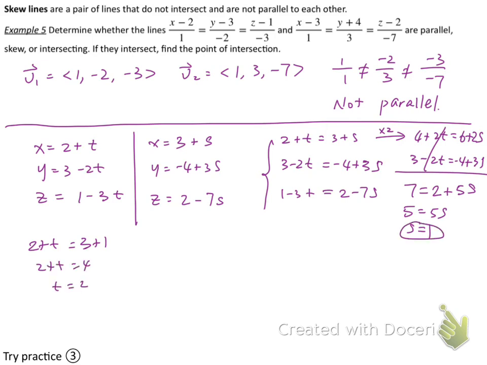So when s equals 1, t equals 2, the first two equations will hold, because we solved them from the first two equations. Now you plug it into the third one, 1 minus 3t equals 2 minus 7s. When we solved for s equals 1, t equals 2, it didn't involve this equation.